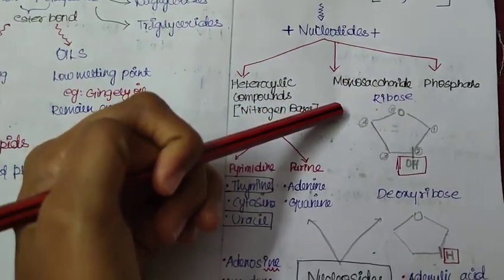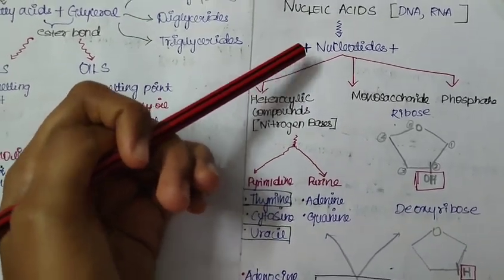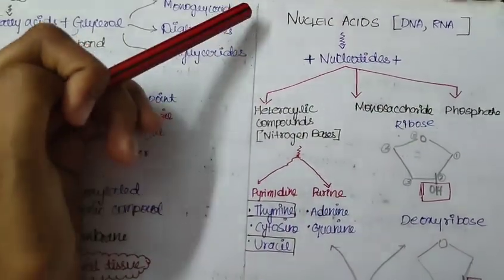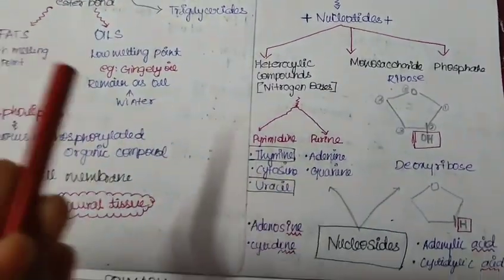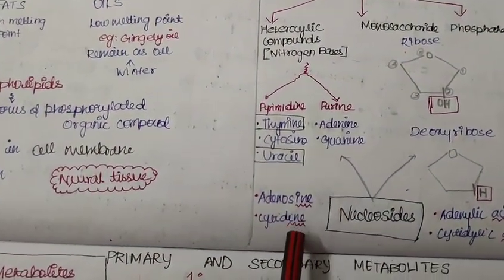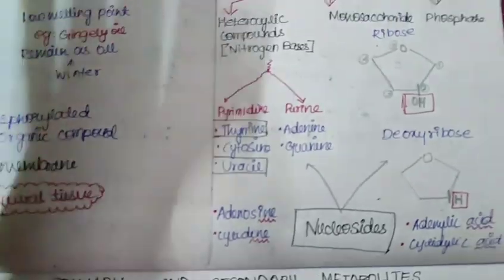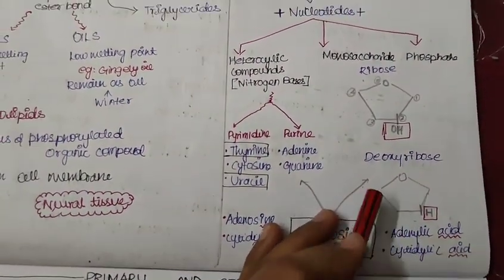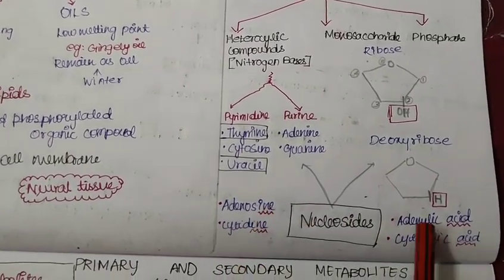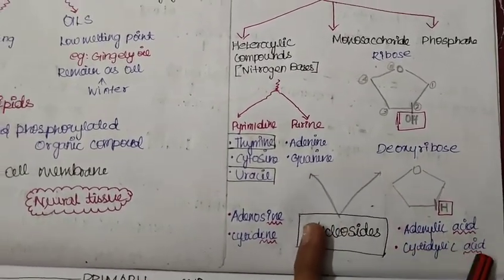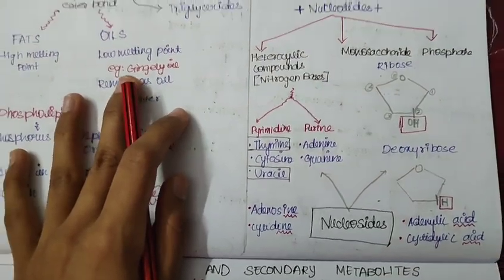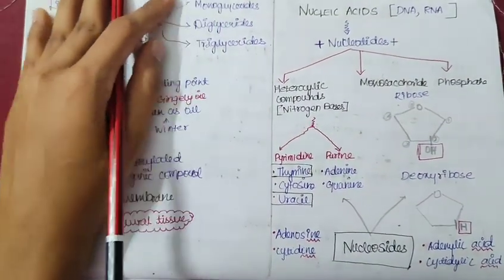If we add phosphate to it, it will become the nucleotide, and these nucleotides form the nucleic acid. You are clear? Whenever we talk about nucleosides, they are called adenosine, cytidine. But whenever we say nucleotides, we call them adenylic acid, cytidylic acid. Now we are getting the difference, no? This is how the formation of nucleic acid is happening.